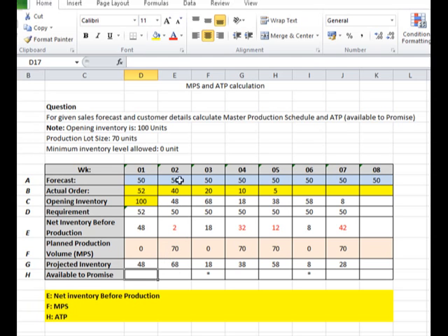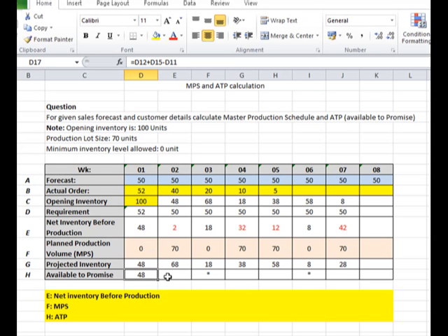The next production cycle is in week 2. So till week 2, it's equal to opening plus production of this week minus the actual order in week 1. In week 2 we have an MPS, so we will not consider week 2. So this much only. So it's 48.